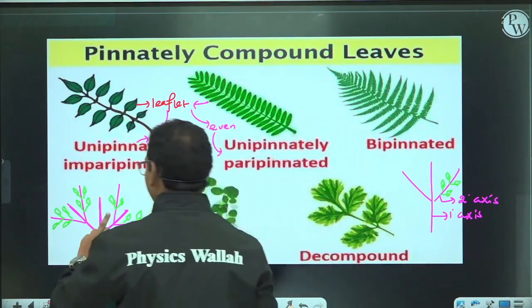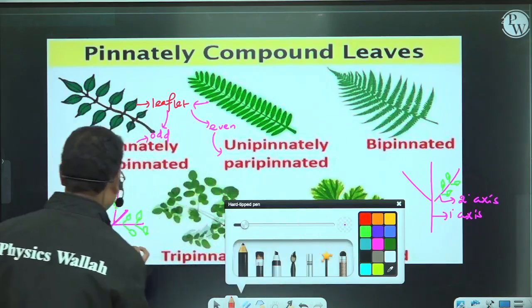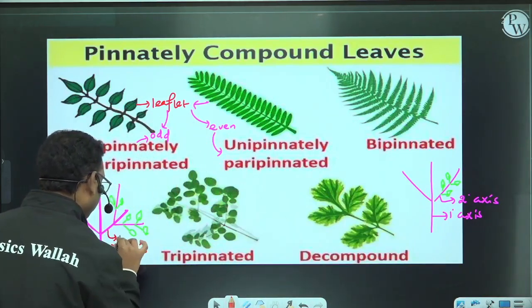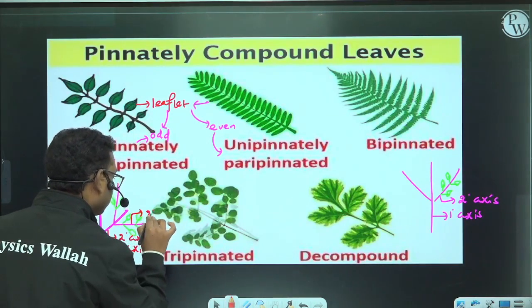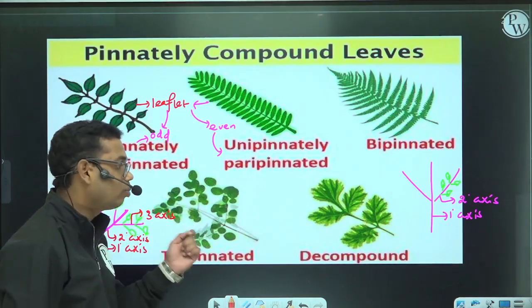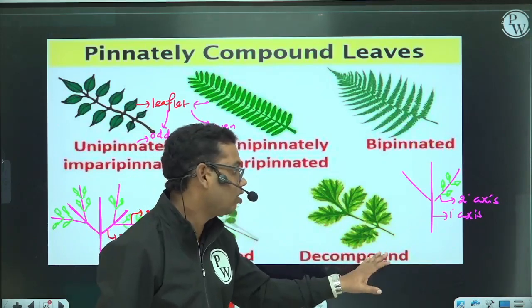If they develop at the tertiary axis, that will be tripinnate. So this one is the primary axis, this one is the secondary axis, and this one is the tertiary axis. And if the leaflets develop at the branches beyond the tertiary axis, that is called decompound, and the example is coriander.